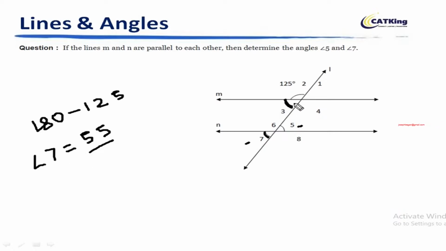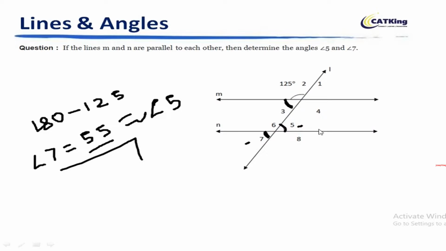Right. What about angle 5? Angle 5 is vertically opposite to angle 7, and we know that vertically opposite angles are equal. So angle 5 will also be equal to 55 degrees. Right. So angle 5 and angle 7 both are equal to 55 degrees.